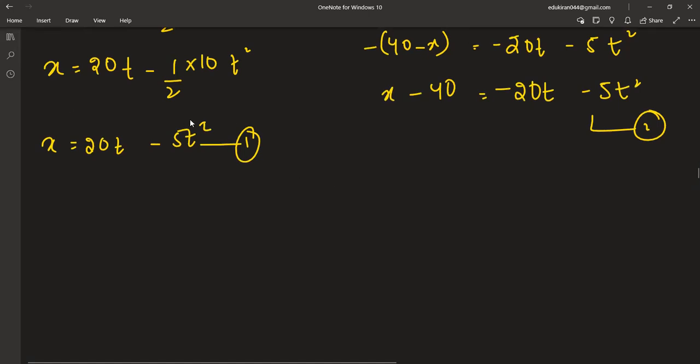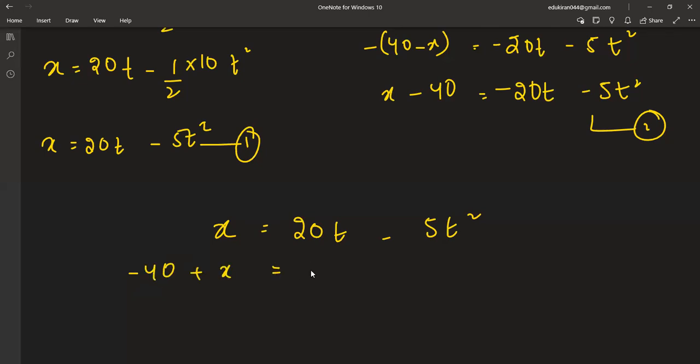We have two equations and two variables. X is one variable and t is one variable. So X equals 20t minus 5t square from equation 1. And minus 40 plus X equals minus 20t minus 5t square. Fine, let's subtract them.